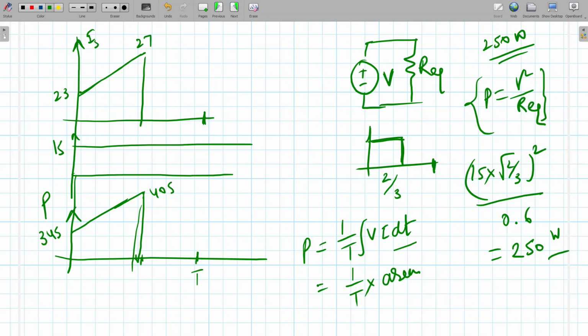Is it clear? So this is 4 microsecond, from here to here. And 405 minus 345, how much? This is 60. So time period, how much? Total 6. So 1 by 6 micro into the area of this rectangle, how much?